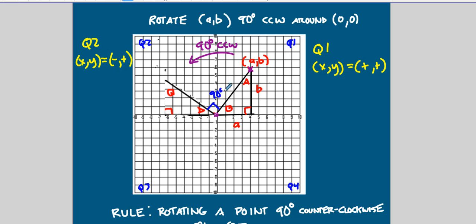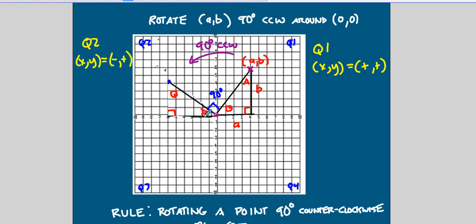So that means we're performing a 90-degree rotation, and the hypotenuses of these right triangles are congruent. So the coordinate of my new point is going to be, I'm a little off in my accuracy here, but it's going to be right here. Okay, well, what are the coordinates of that point?